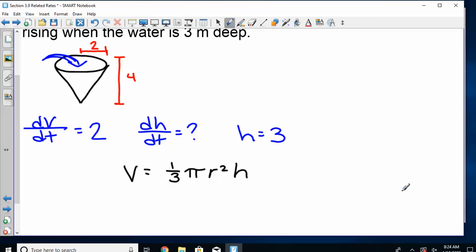So what I'm asking, we could think of this as a triangle, couldn't we? If you're looking at the whole thing, the height was 4 and the radius is 2.